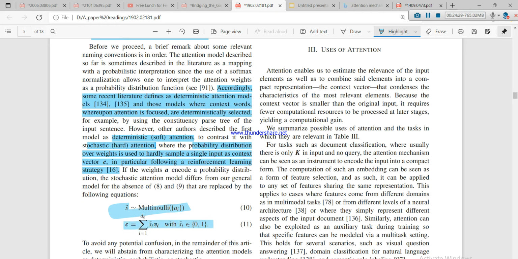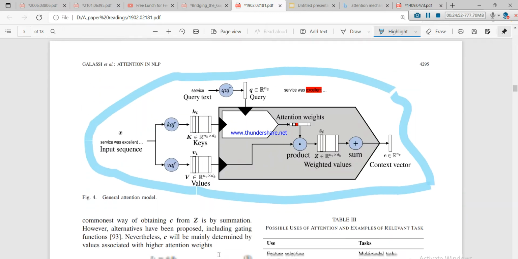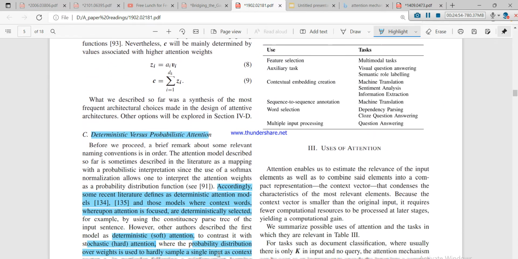And to avoid any potential confusion in the remainder of this article, they will abstain from characterizing the attention model as deterministic, probabilistic, and stochastic. Three kinds of categorization they have given for attention models, whether it is deterministic, probabilistic, or stochastic.